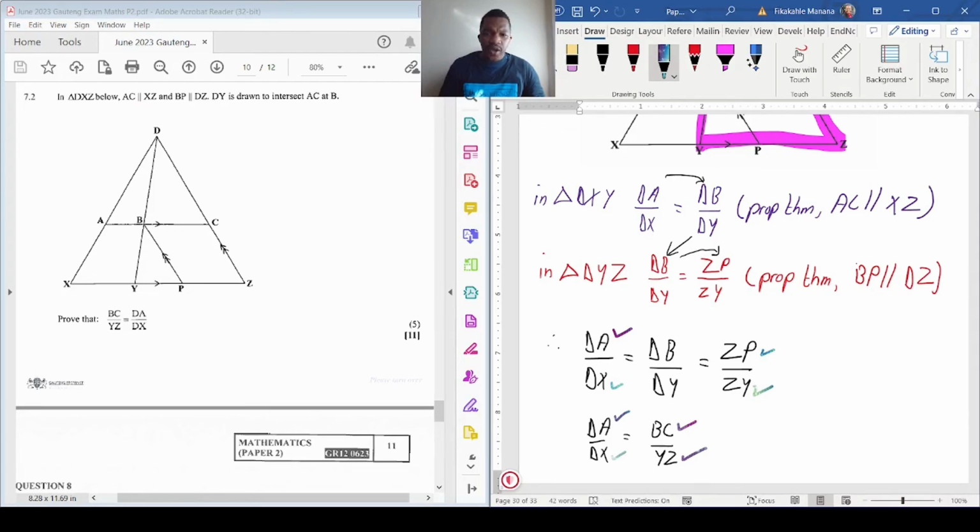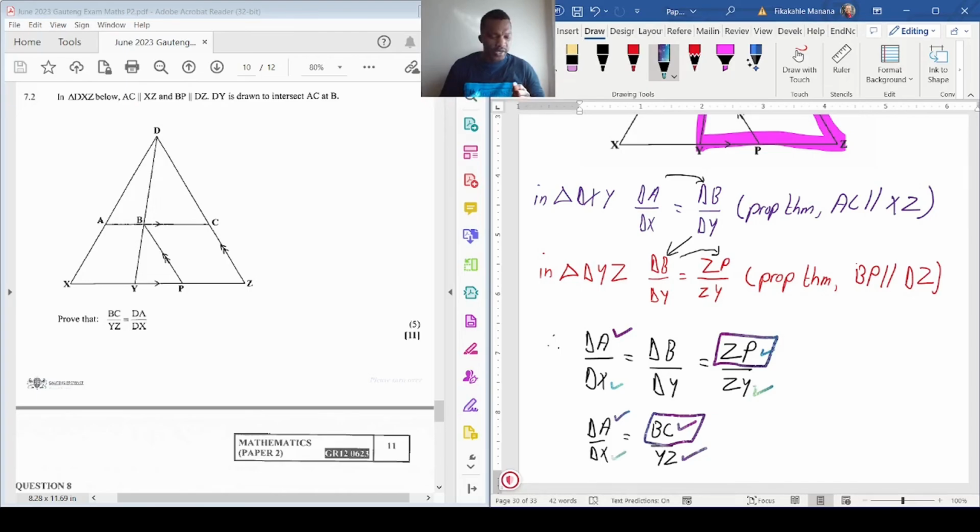The one that's not common is this BC, and for BC we have ZP. Everything else is the same. That DA is the same there, DX is the same there, that ZY is the same. The only thing is ZP and BC.